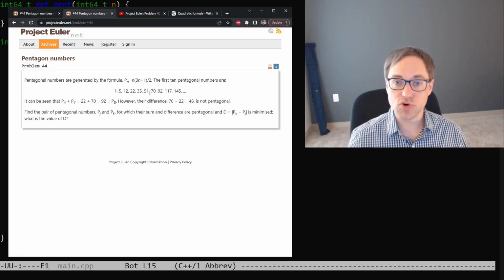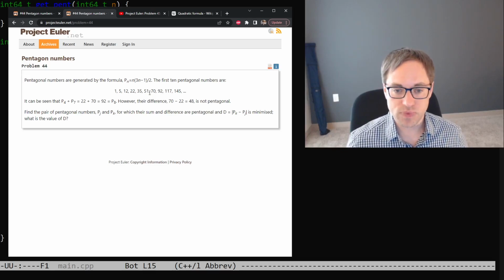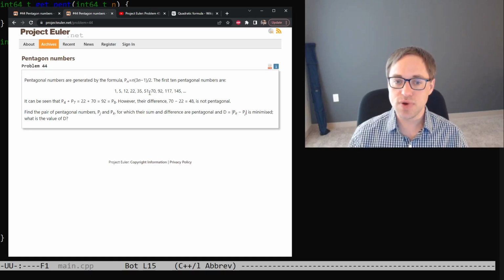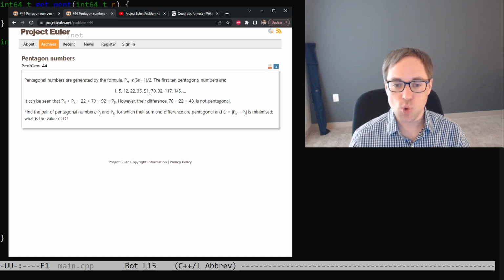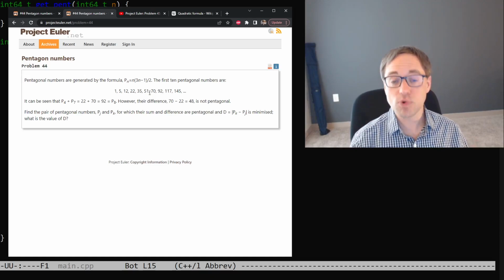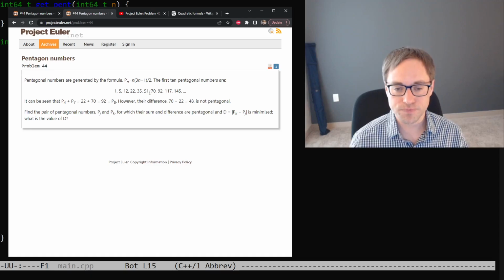And if we could prove that that was the case, we could show that eventually the difference between two consecutive pentagonal numbers will grow larger than any particular difference value. And that will give us our upper bound.